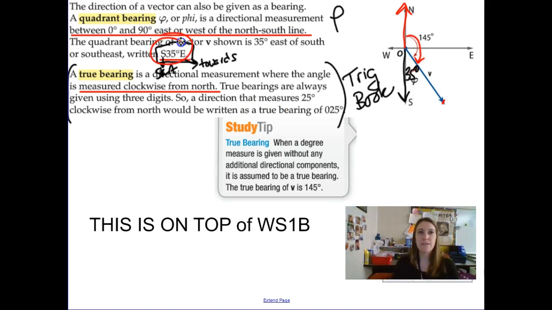So this bearing and the bearing of 145 degrees is the same thing. If I notice that you have a true bearing, they're always going to label them with 3 numbers. So 25 degrees is going to be written as 025 degrees. That's the indication that you are looking at a true bearing. Otherwise, it'll just flat out say you have a true bearing.